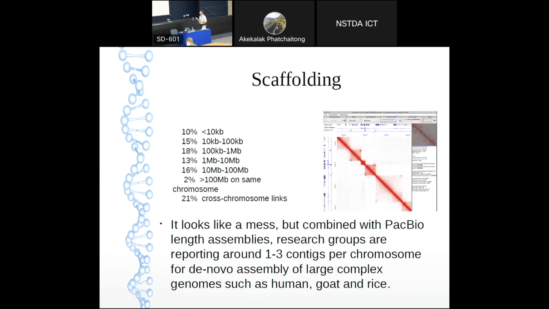About 18% within 1 meg, 13% within 10 meg, and 21% of the time, the DNA will actually come from completely different chromosomes. So it looks like a mess, but combined with PacBio long-read assemblies, research groups are reporting around 1 to 3 contigs per chromosome for de novo assembly of large complex genomes, such as humans, goat, and rice.